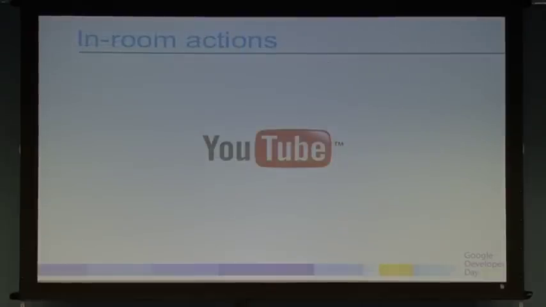Now, with video chat, there's a lot of good use cases, but there's additional types of experiences that you have in the real world that you can't just do with video. And those, I'm calling them in-room actions, but they're apps, right? So when you're on your couch and you're watching a TV with your friend, that's a Hangout, right?